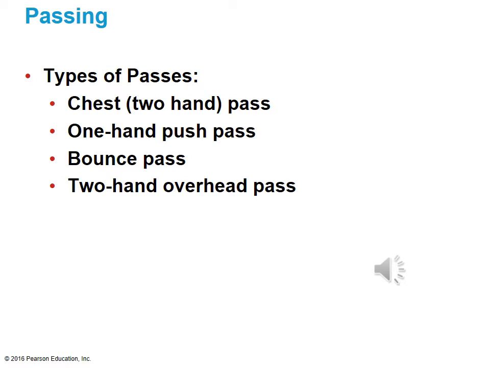For the bounce pass, you should bounce the ball a little bit more than halfway between you and the receiver so that it will rebound efficiently to the receiver. We talked about this earlier in the book. The angle that the ball hits the floor is the angle the ball's going to come up off the floor.